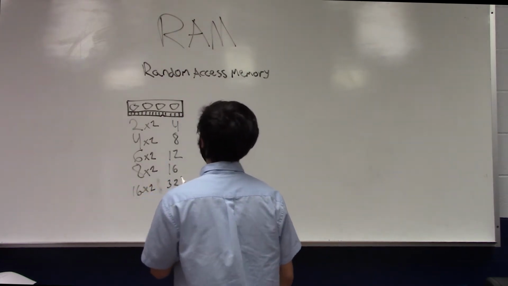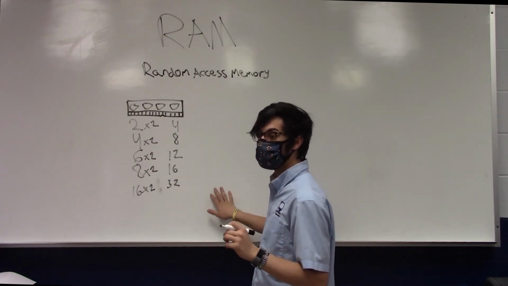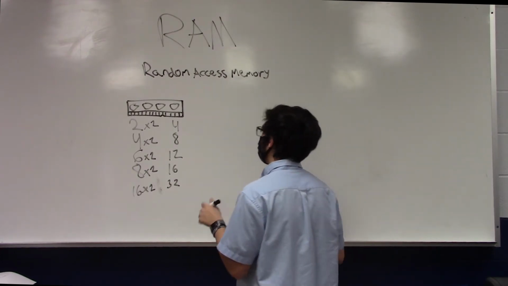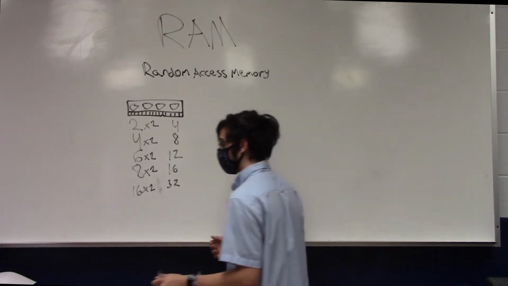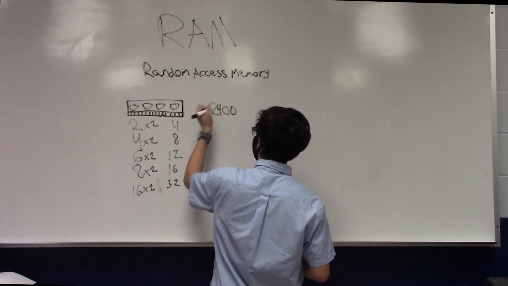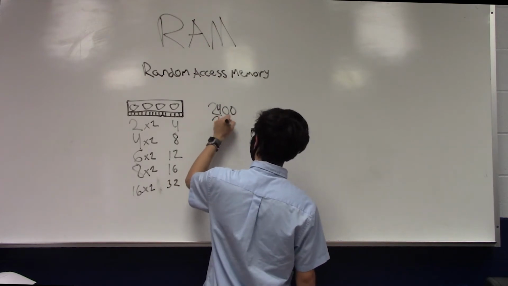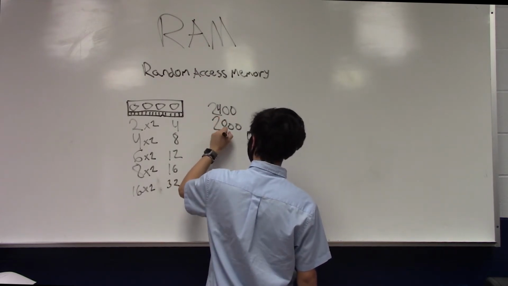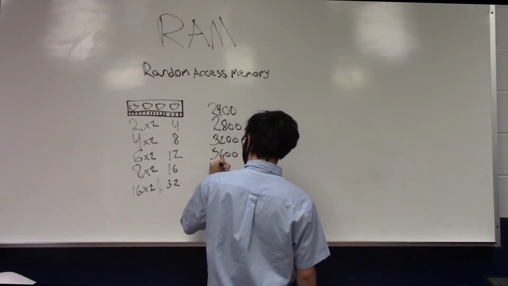And just like ports and USB ports, they have a speed that they're clocked at. Now, when looking for PC parts online, you'll find speeds like 2400, 2800, 3200, 3600, and 4000.